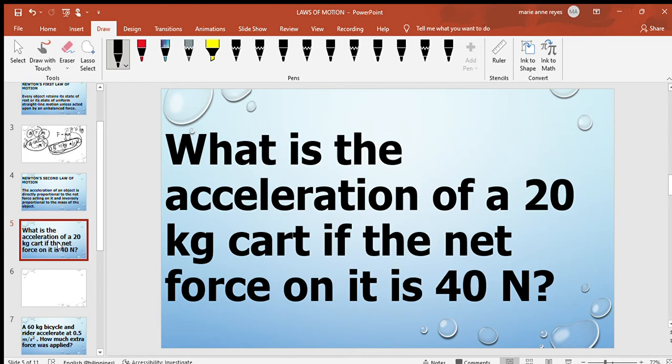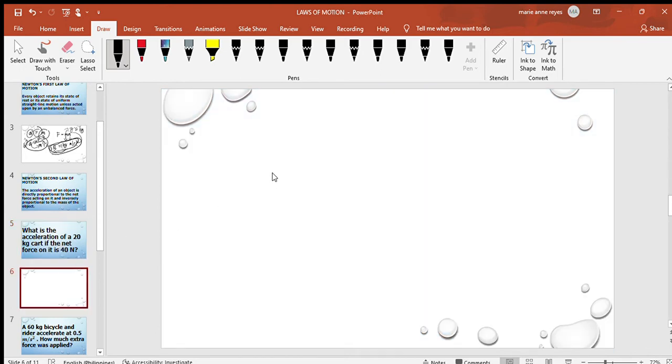Okay, so our first example: what is the acceleration of a 20 kilogram cart if the net force on it is 40 Newton? First we have to write all the givens in the problem. So, ano yung given natin sa problem?